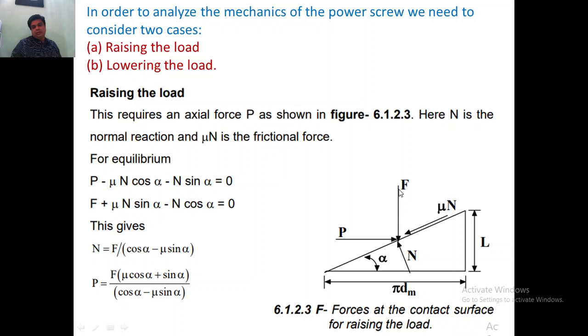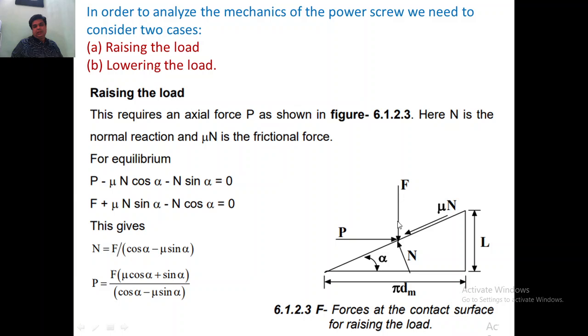Once the weight is applied on the inclined plane, we have the normal reaction N to maintain equilibrium of the load. Also, when the load is moving up or down, there will be a frictional force acting here. So mu N is the frictional force, where mu is the coefficient of friction.